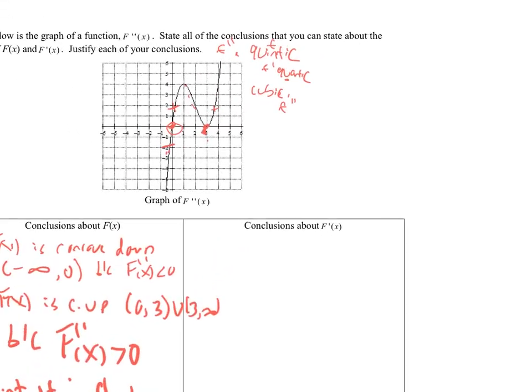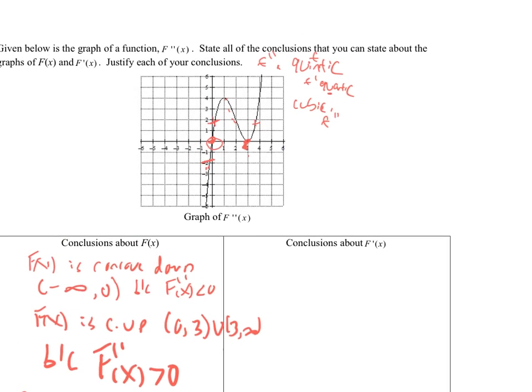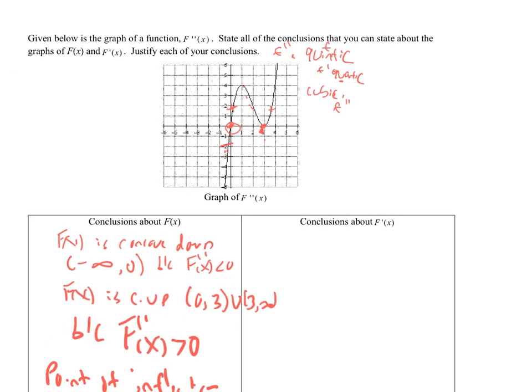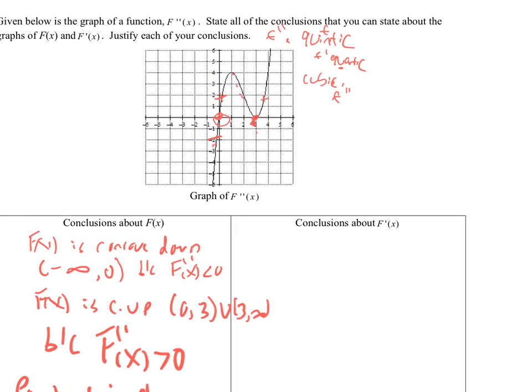So I've answered a lot about that function. I answered about its concavity. I answered about its points of inflection, and that's really what we use the second derivative for.